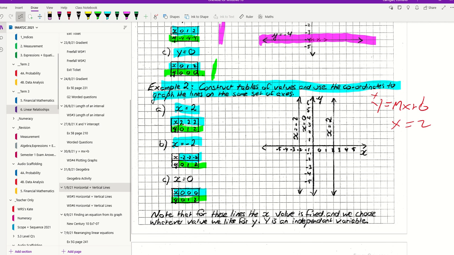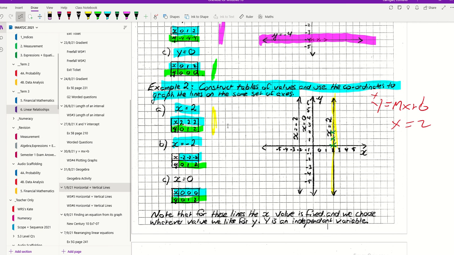Now when I plot those, looking at my first one, x equals 2, I've got y values of 0, 1 and 2. So x equals 2, y equals 0, y equals 1, y equals 2. When I plot that line, I'm plotting something down through here, which gives me a vertical line.